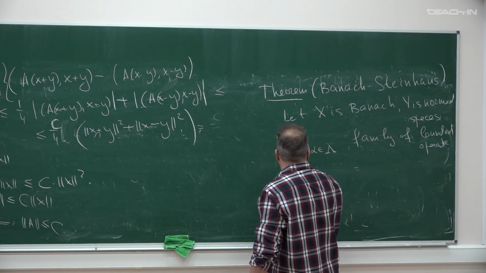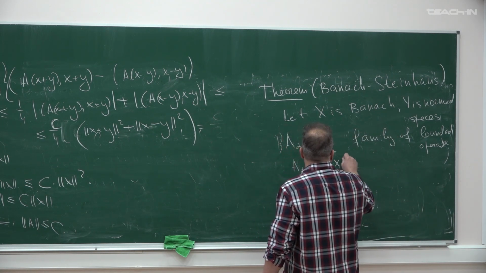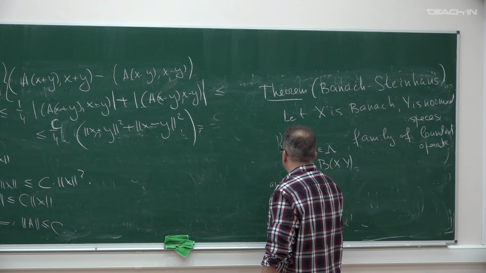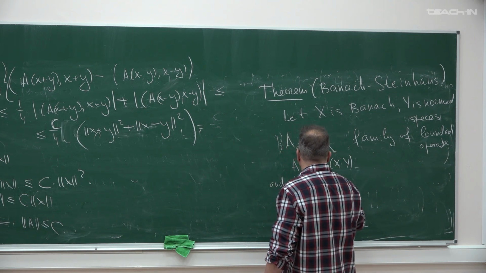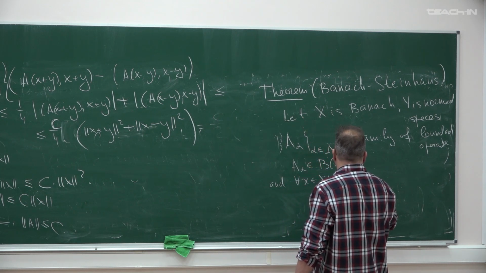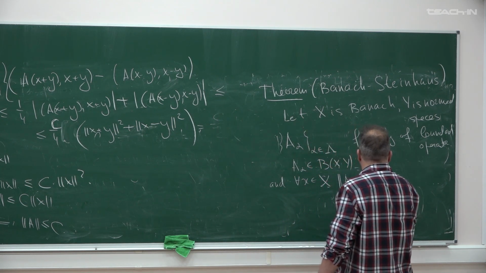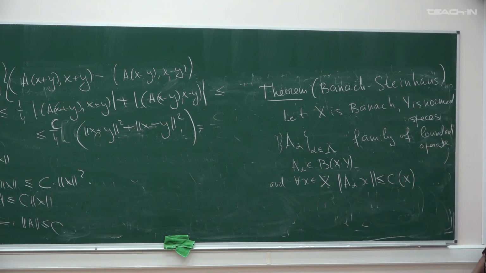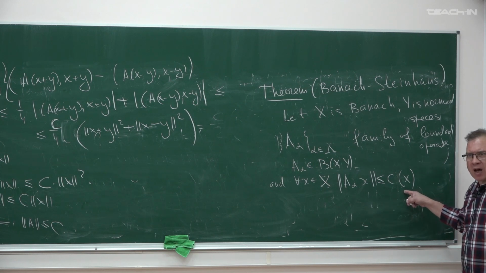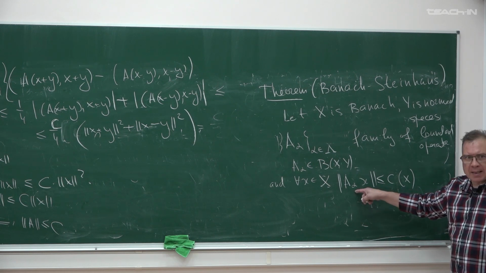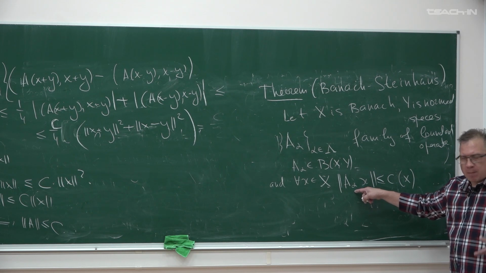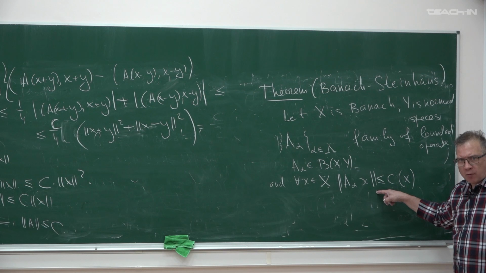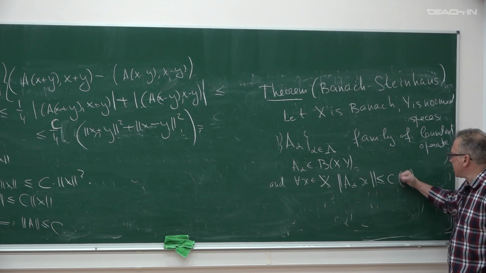For any x, you can estimate the result of the action of the operator with some constants which do not depend on alpha. You see, the operator can depend on alpha, the indexes, but the estimation of the norm depends only on this x.